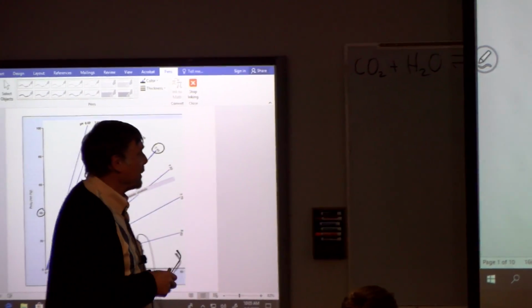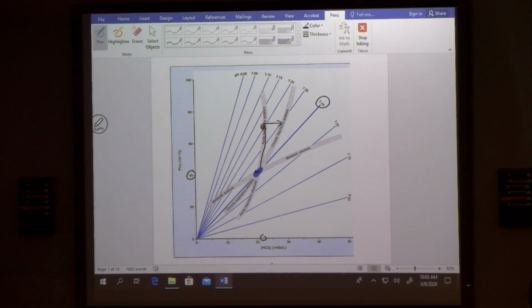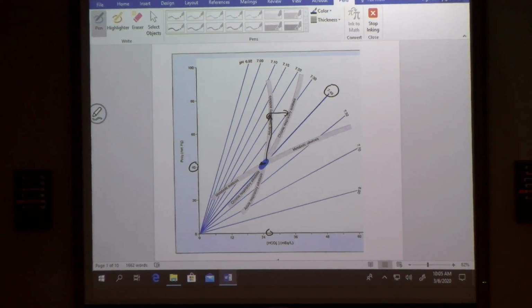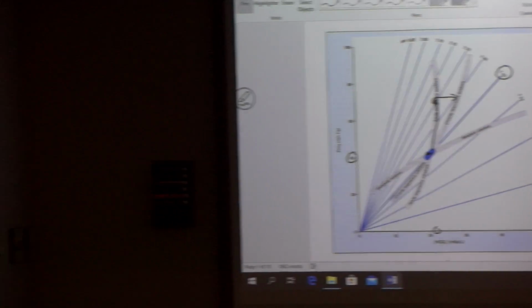And now the pH has gone from 7.22 back to 7.3. It hasn't gone all the way back to 7.4. And I want to be sure that we use correct terminology. This is not a correction. The correction would be to fix the respiratory problem, yes? This is a compensation.